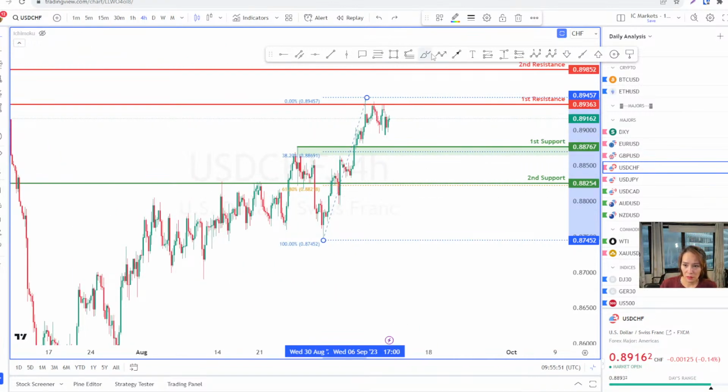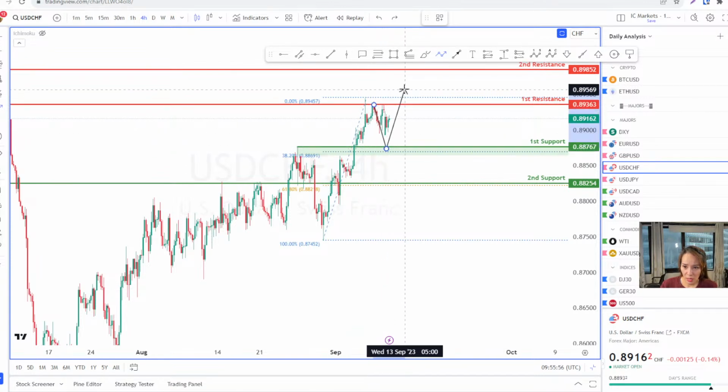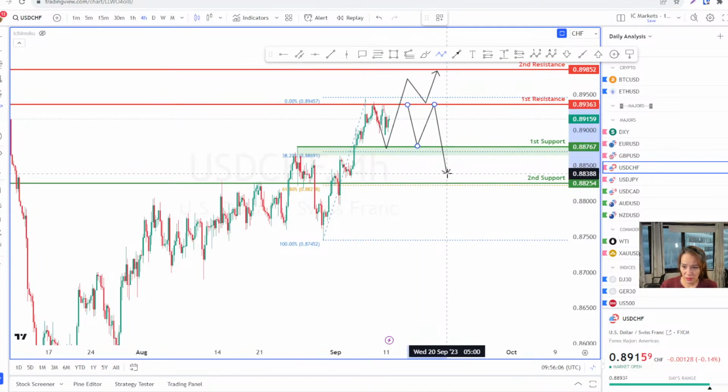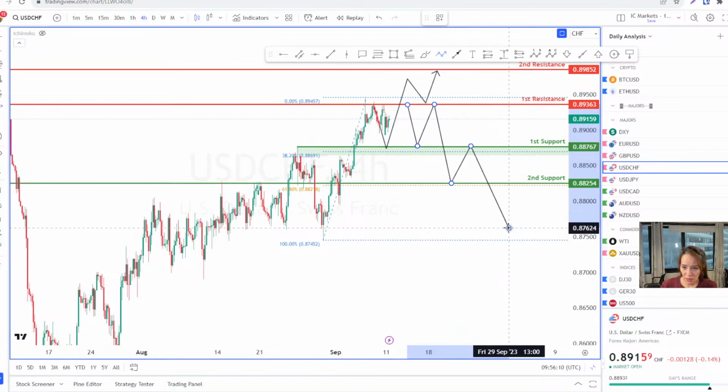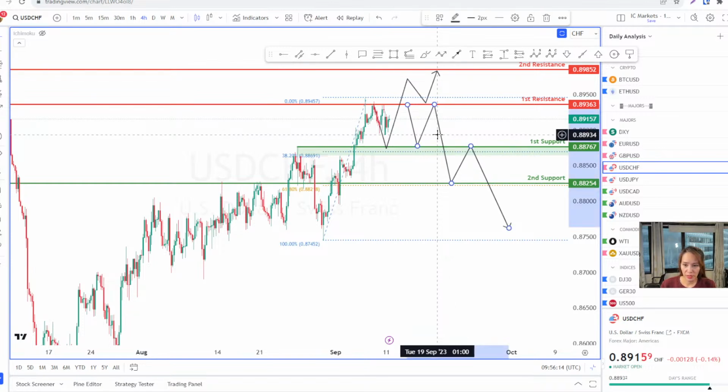So basically it's still ranging. We still don't know whether they're going to come down here and then go up and come back like this, or come down, break the first support, come back here, and it becomes resistance, and then changes like that. So now it's still sideways for this pair.